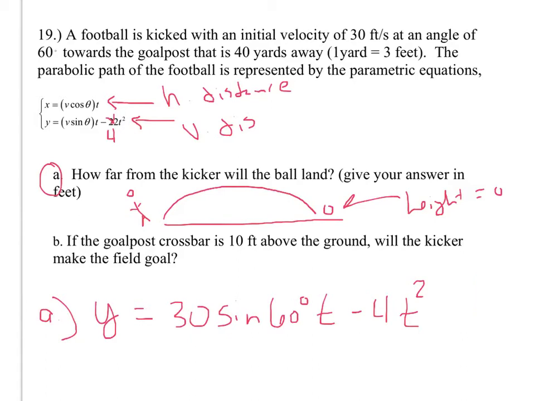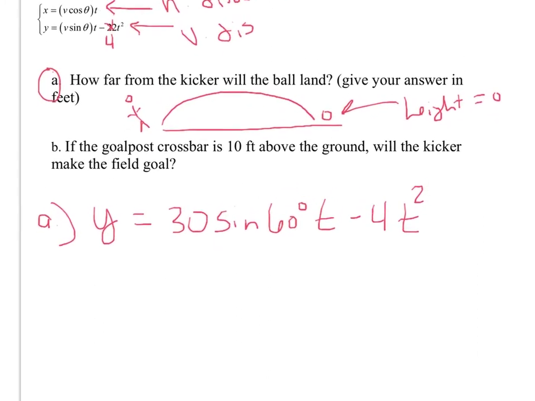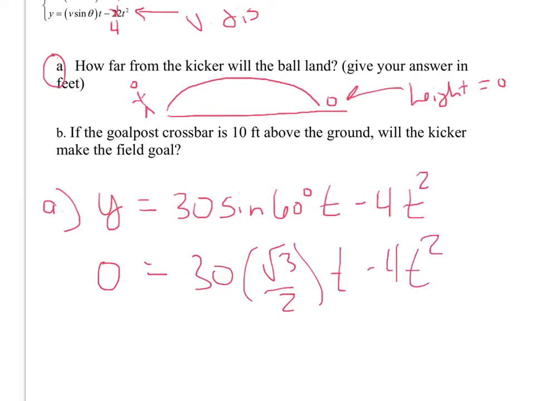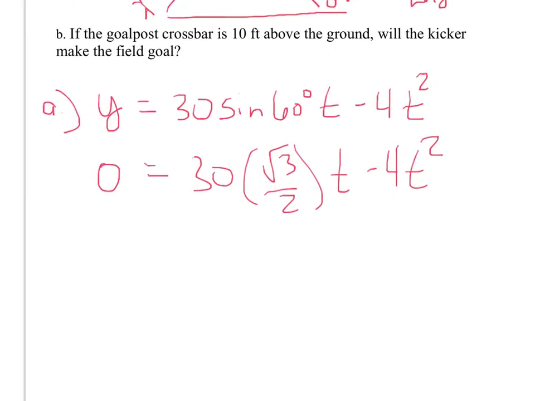And so now I am going to go ahead and set this equal to 0, because I know my height is 0, and solve. Sine of 60 is root 3 over 2. And I'm going to go ahead and simplify this.